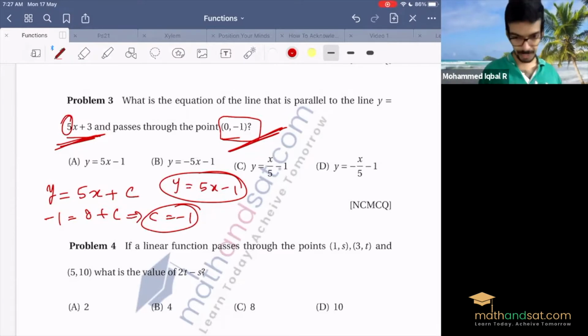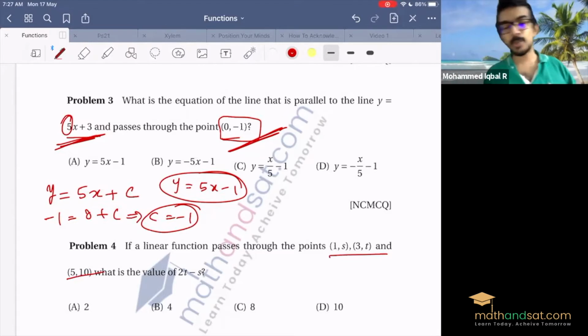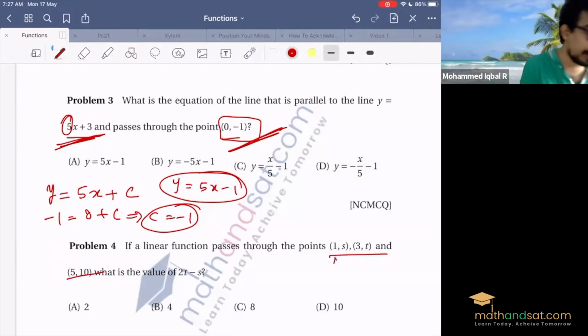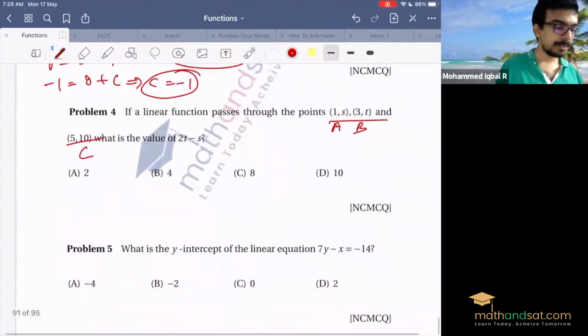Collinear means they lie on the same line. So if this is point A, point B, and point C, how do you do the math? The slope between A and B will be the same as the slope between B and C. Right?